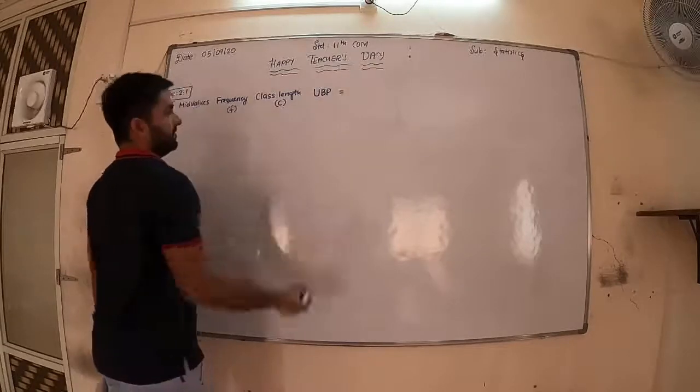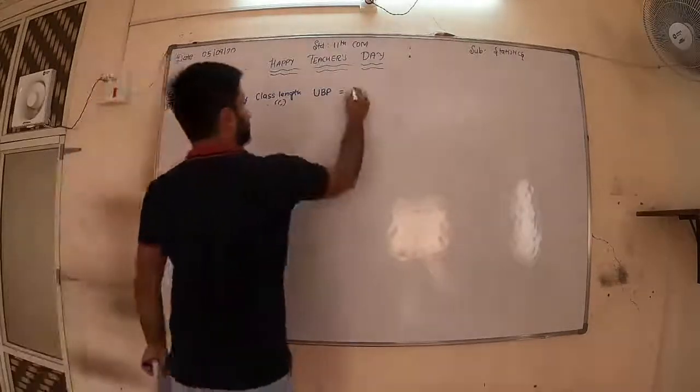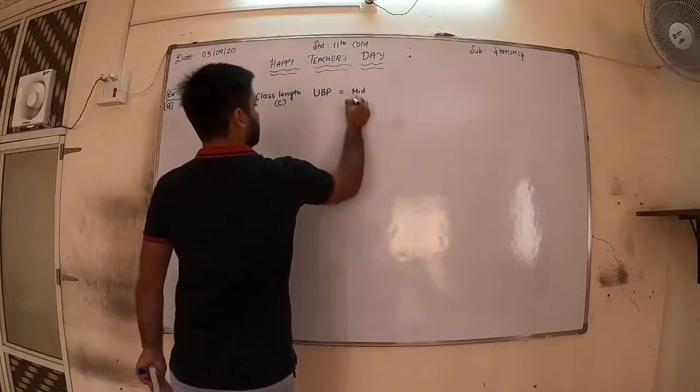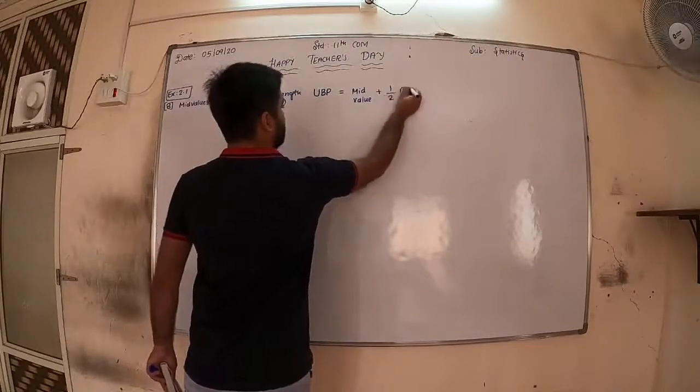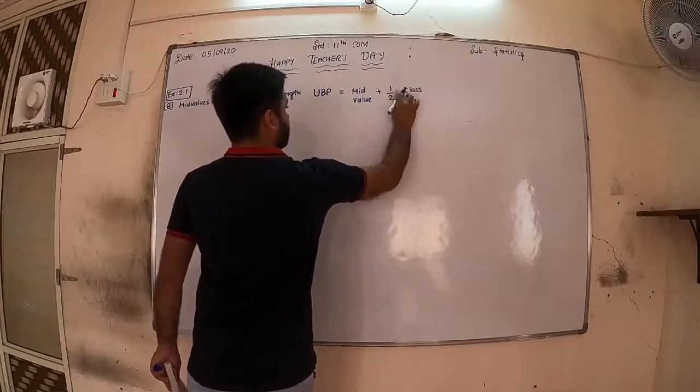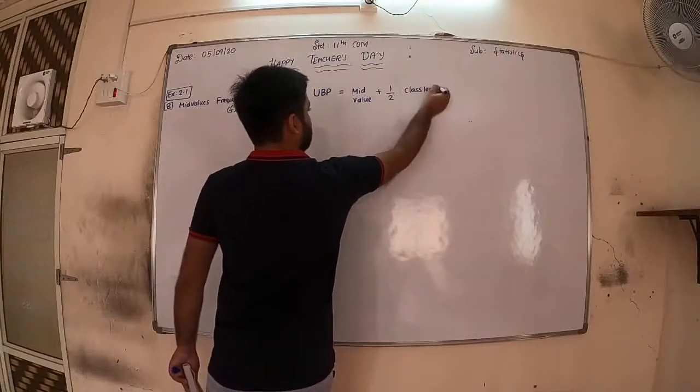Upper boundary point is equal to mid value plus 1 upon 2 class length.